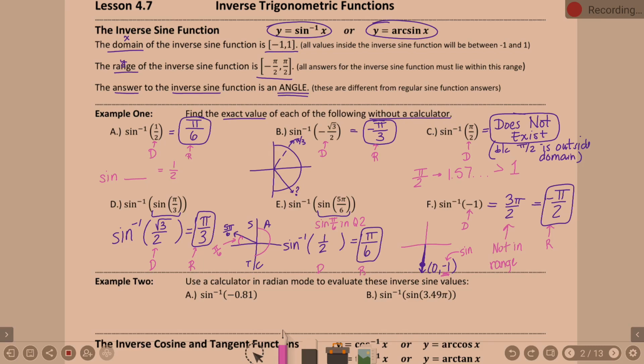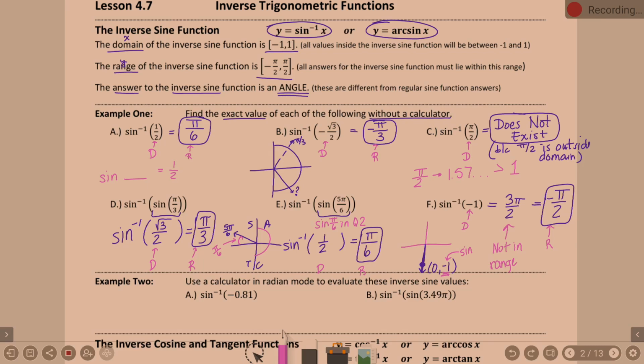Let's go for the fun section for a moment. Example 2 says use a calculator in radian mode to evaluate these inverse sine values. Keep in mind, folks, these are the ones we can't do on our own. We have to have the calculator. When it says sine inverse of negative 0.81, is that on our chart?